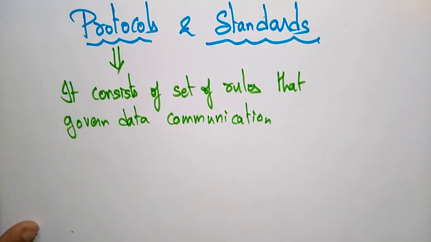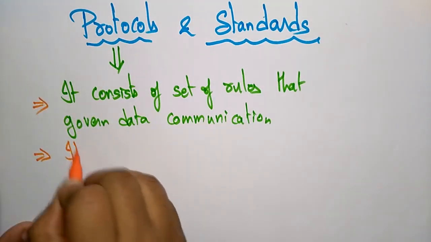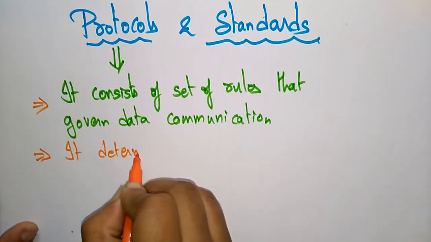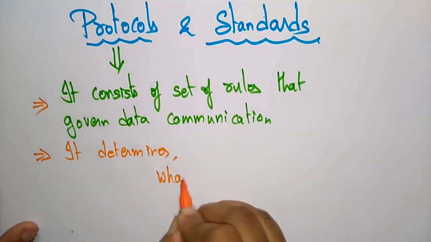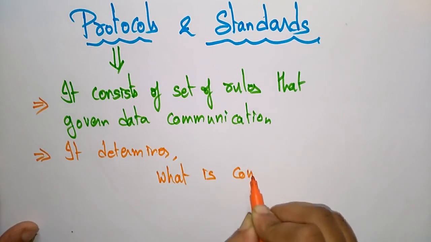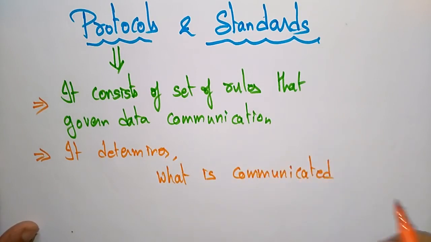So what exactly does this protocol determine? It determines what is communicated. I am saying it is a set of rules. What are those rules that the sender and the receiver have to follow?